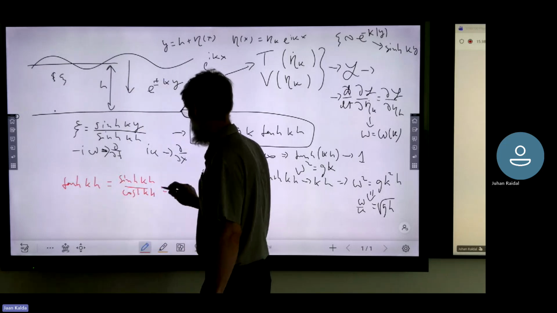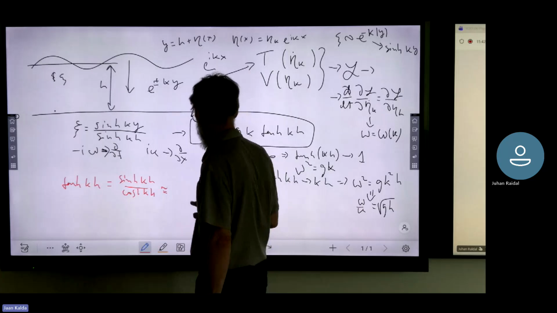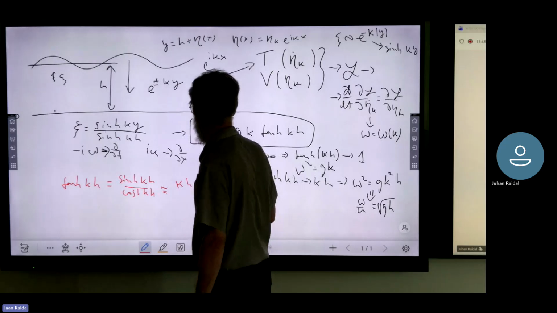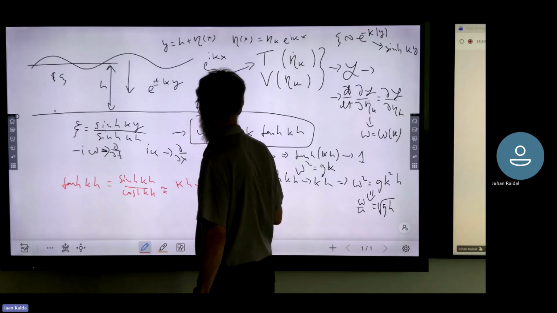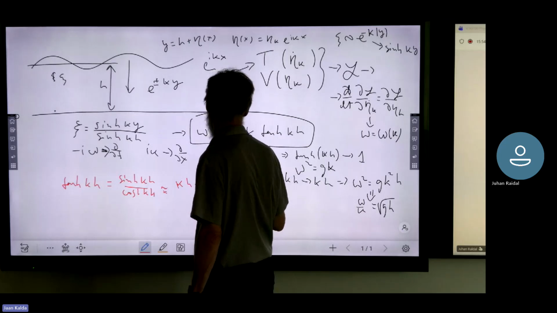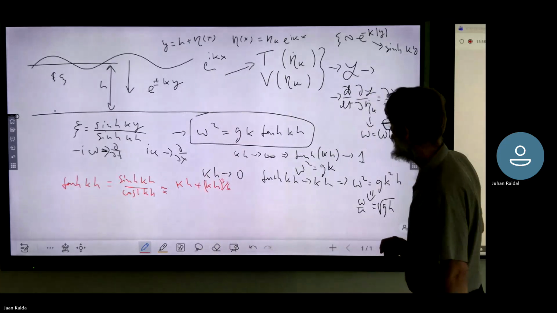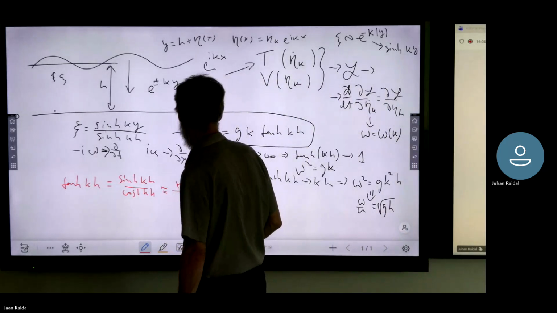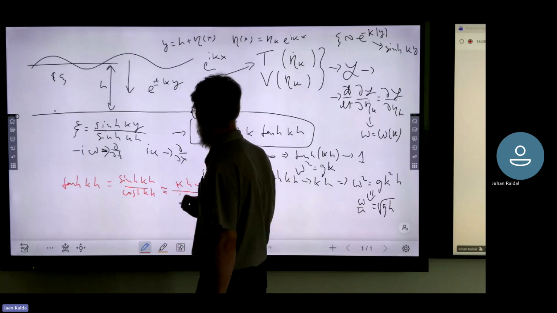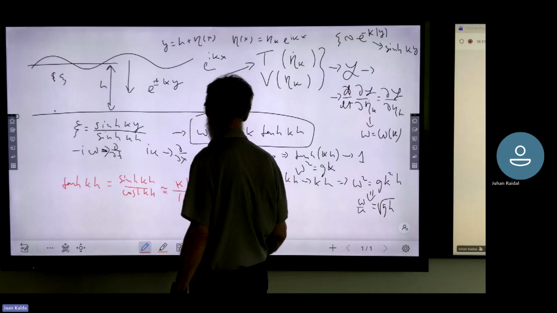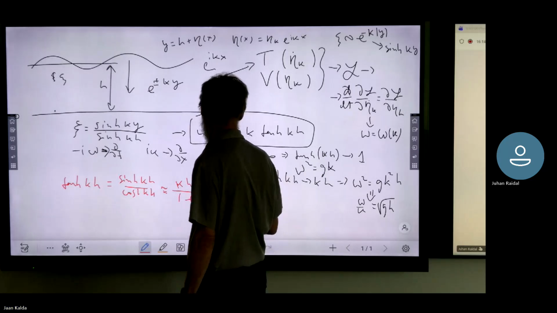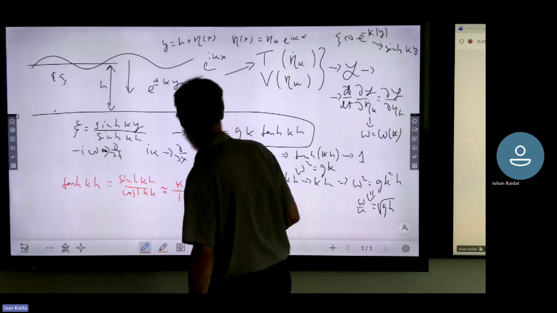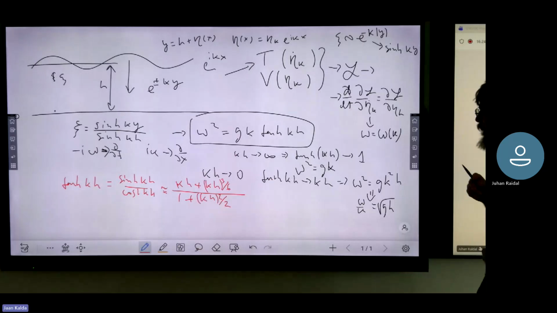And this is approximately kh plus kh cubed divided by 6, divided by 1 plus kh squared divided by 2. Something like that.